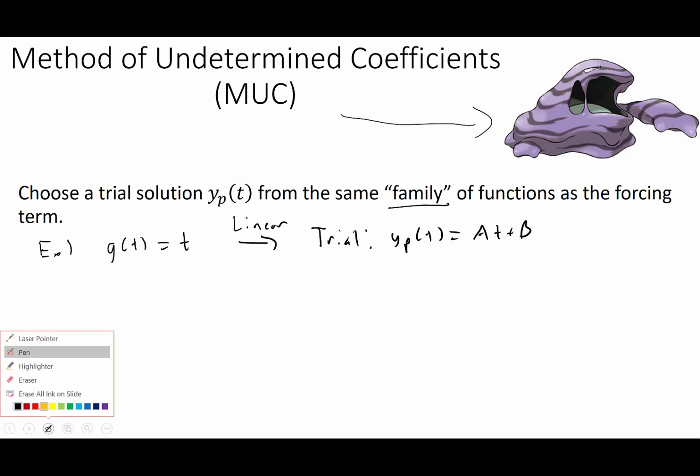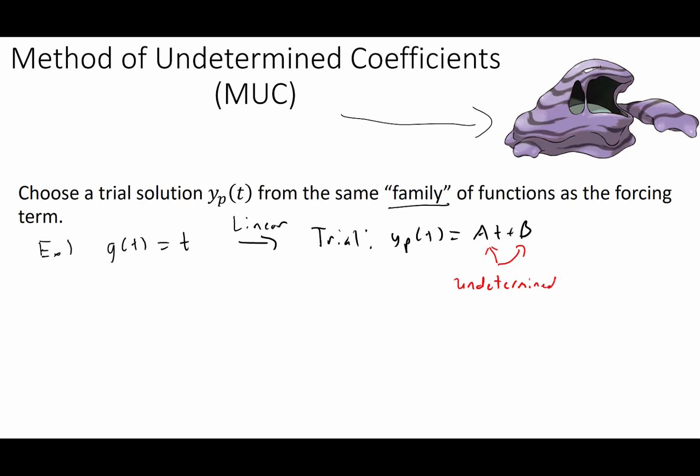These coefficients here, big A and big B as I've labeled them, are what we call undetermined coefficients, and are the reason for the name of this method. It doesn't matter so much that you use big A or big B or M or little b, whatever you're most comfortable with. I'm going to try and stick to capital letters here just for consistency.